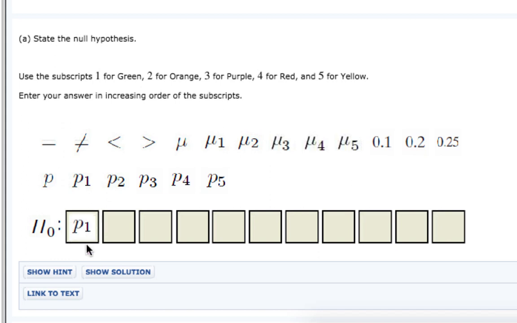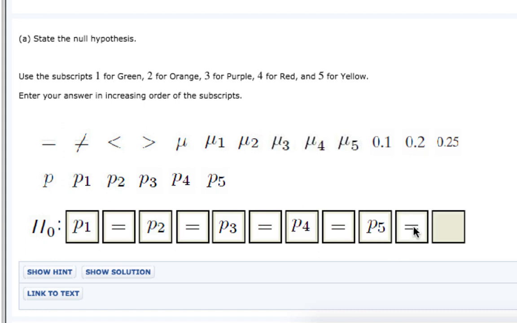for green, which is P sub i, equals the proportion for orange, equals the proportion for purple, the proportion for red, and the proportion for yellow. All of these proportions need to equal 1.00.